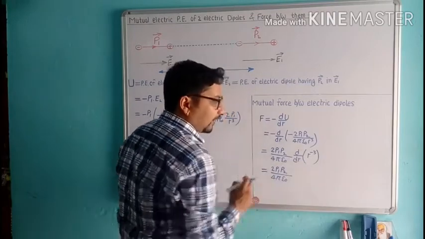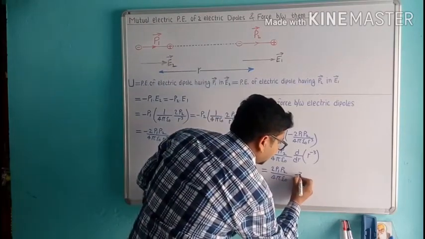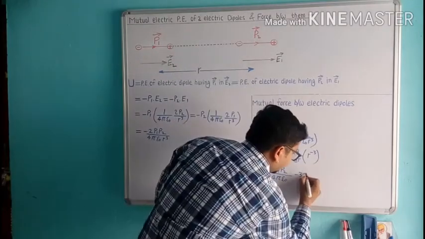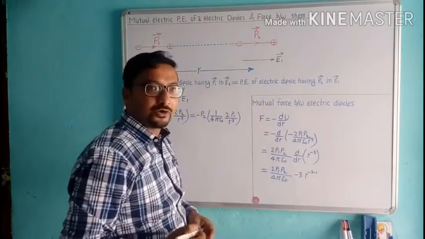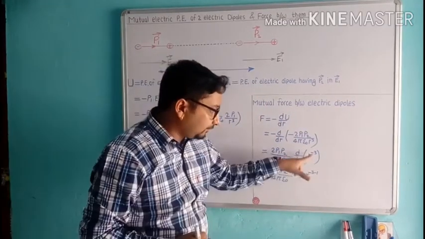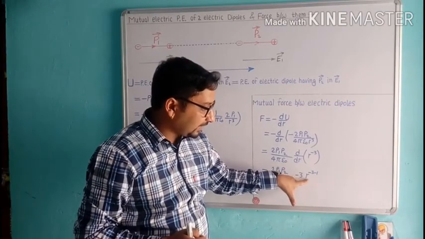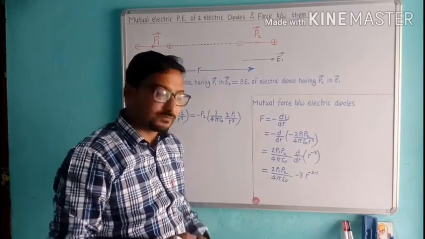Now differentiation of R to the power minus 3: first write the power of R, then write R and subtract 1 from the power of R.